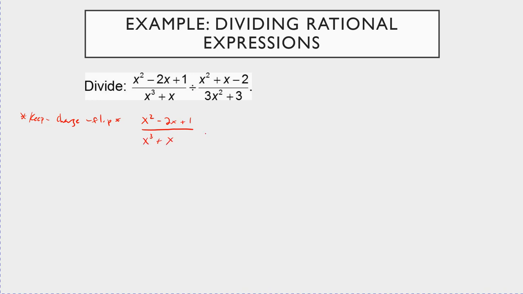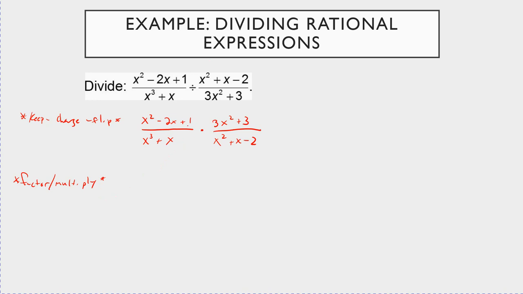You're going to change this to multiplication, and you're going to flip this. So this is 3x squared plus 3 all over x squared plus x minus 2. And now you're just going to factor and multiply.